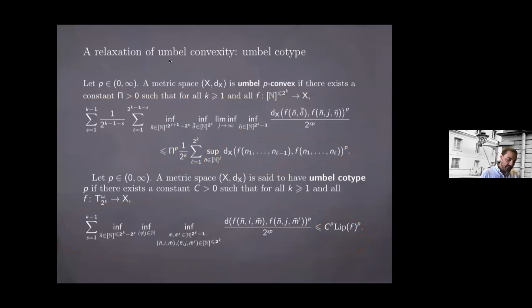And on the left-hand side, what is the difference? We keep the sum here over the scale, because let me remind you that this sum is crucial if you want to have estimates for compression rates. If you don't have this sum, okay, fine, you have something weaker, but then it can only tell you something about bi-Lipschitz embeddings. So here you want this sum, but then we had this average over all the levels and taking this infimum. Here we replace this by just a simple infimum over pretty much all the points in the tree, okay?